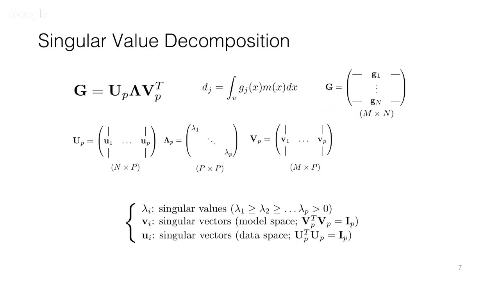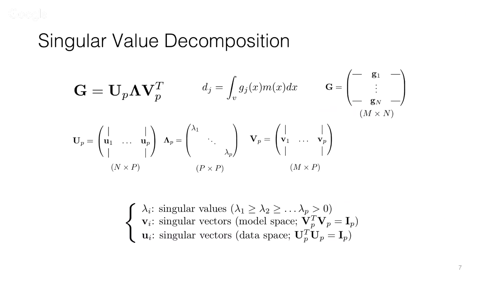So what singular value decomposition does is it takes the matrix G and writes it in a factored form of U lambda V transpose, where the matrix U has P columns, u1 to uP.